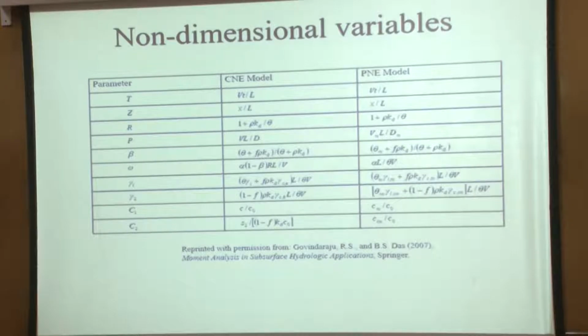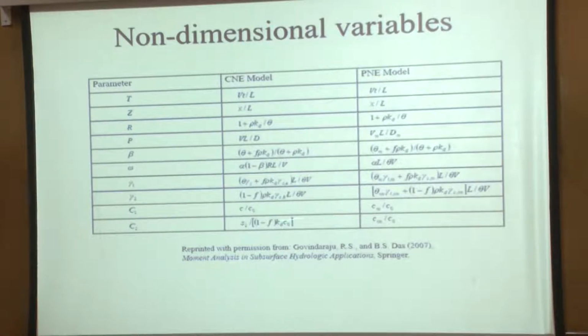T is time, non-dimensionalized with respect to L over V, the length of the column divided by velocity, which gives another time. Z, the distance, is simply scaled as x over L. These are just the independent variables. We also non-dimensionalize the concentrations. If the inlet concentration is C0, we non-dimensionalize the concentrations with respect to C0 for both models.